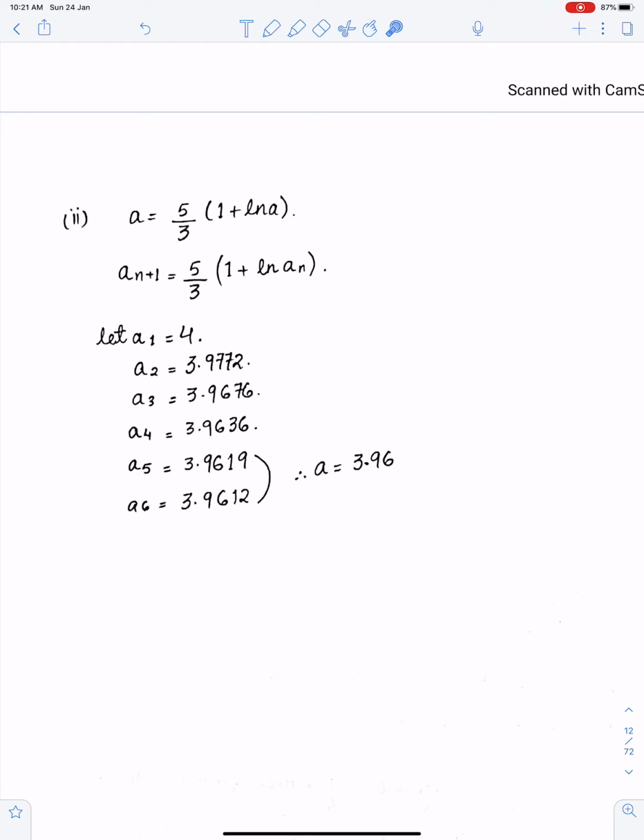And a1 is 4, as given. You don't need to suppose this because it's given. a1 is 4. Therefore, with 4 we can start the iteration.